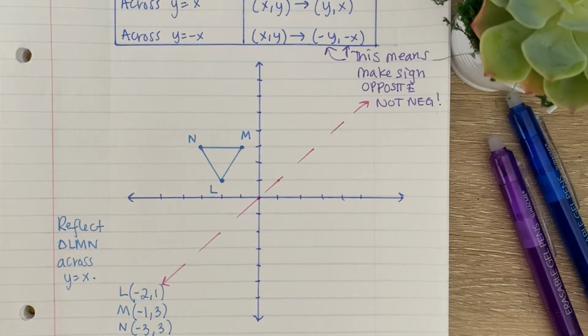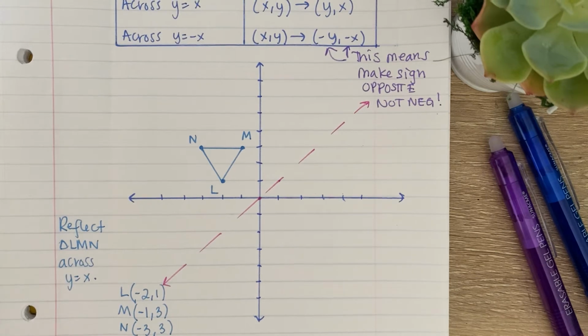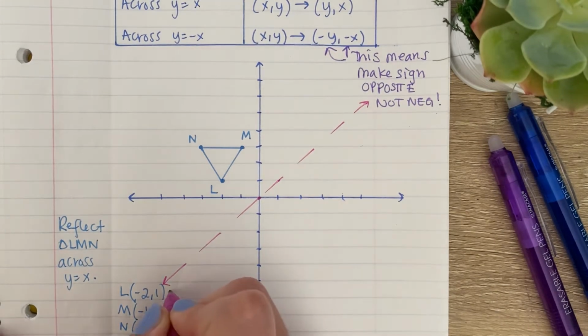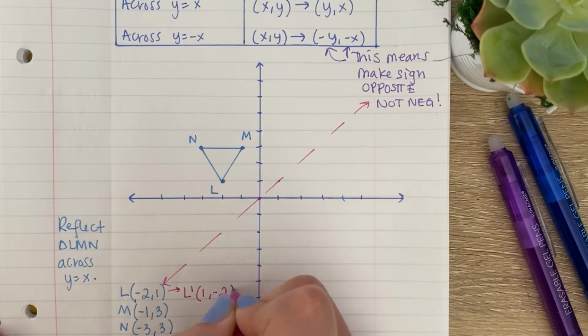That is also our line of reflection in this problem. So what are we going to do? Well, we're going to use our rule, okay? If we're reflecting across y equals x, our rule right up here states that you take your ordered pair x comma y and you flip the numbers. So our L prime would be 1 comma negative 2.